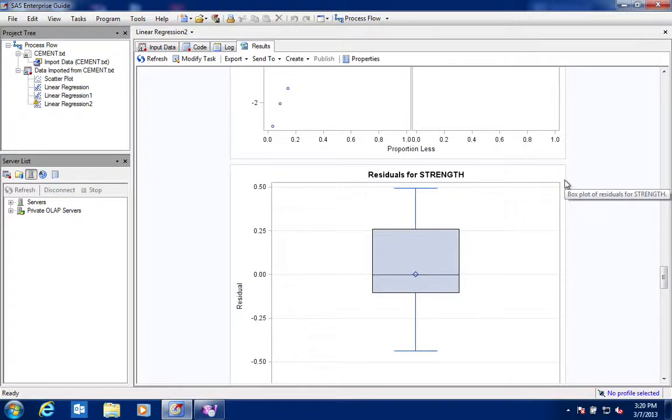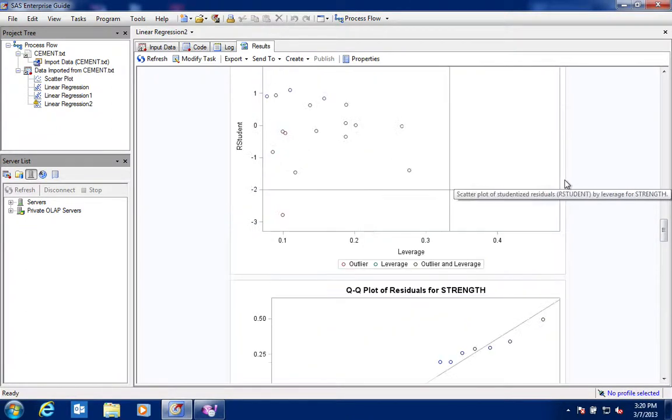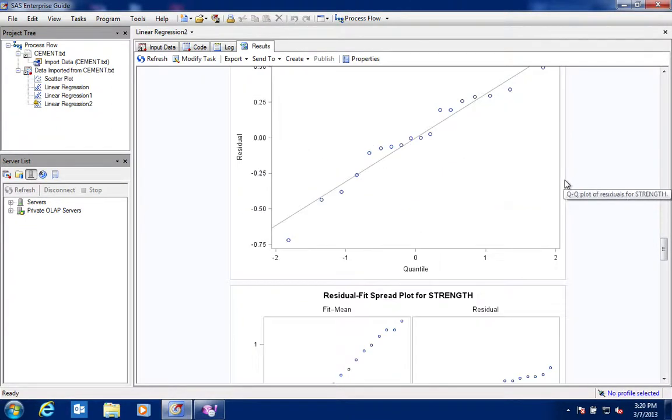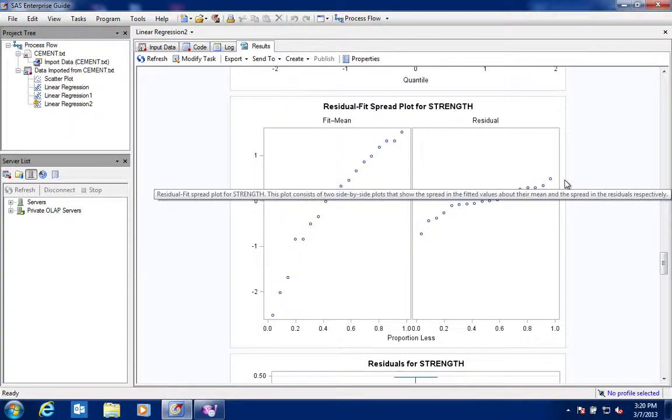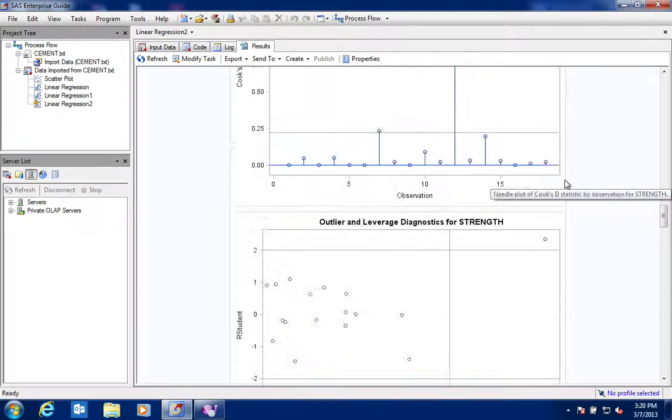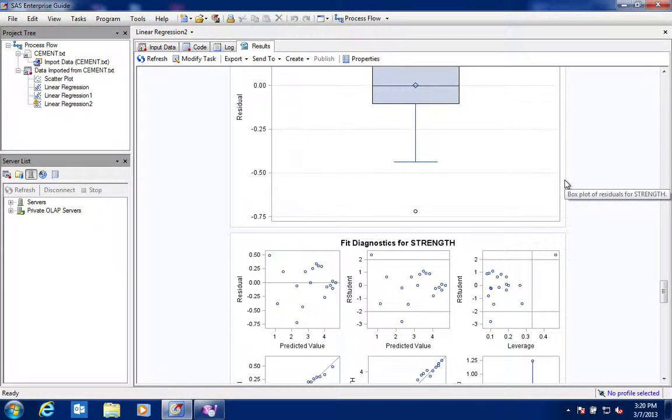Now here you have 1 outlier, and you have 1 outlier and leverage. So still one observation is behaving very badly. So here is the fits, that observation, this is the one that we should catch. Which observation is that? Number 10, 11, and 12, right? The observation number 12, this one.